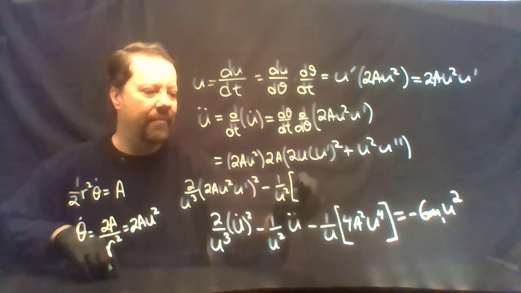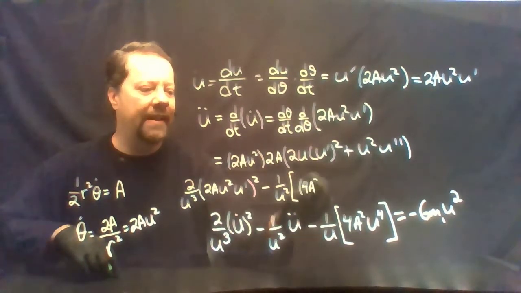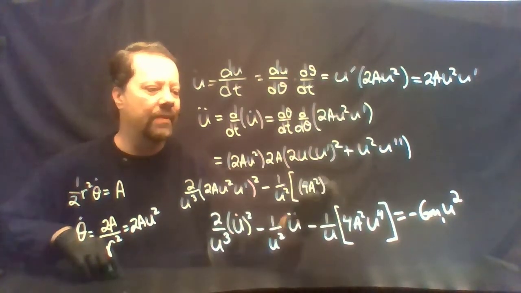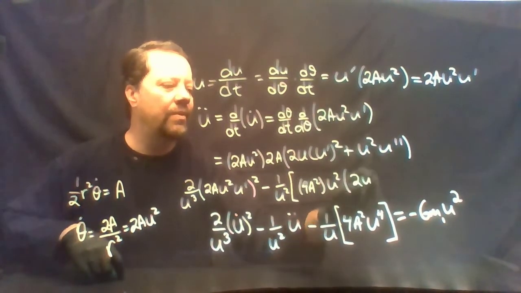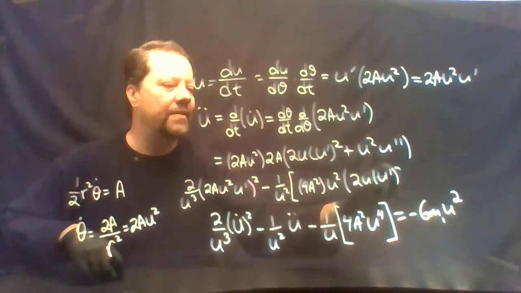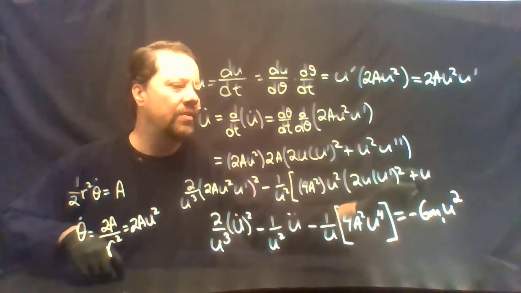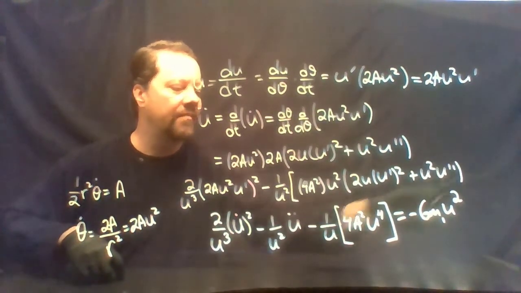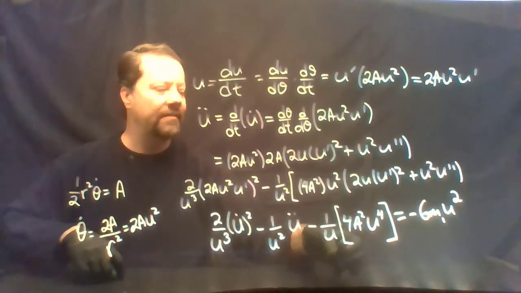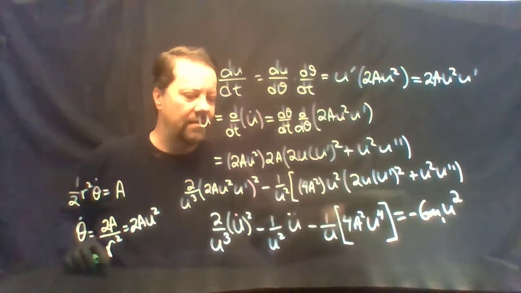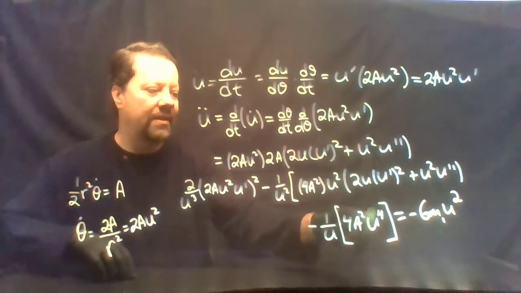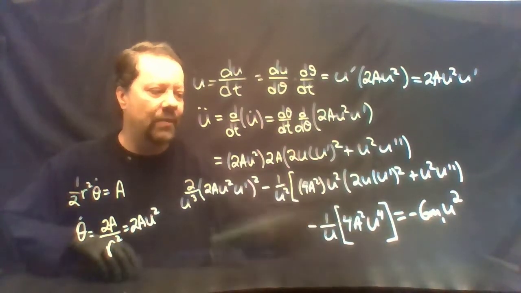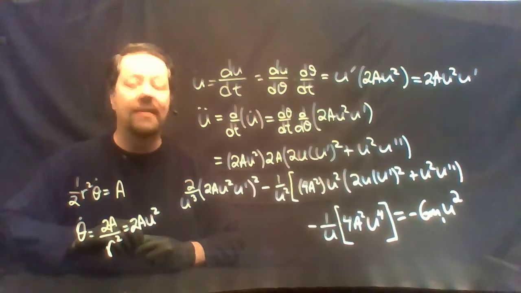That's going to be 4A squared times u squared times 2u u prime squared plus u squared u double prime. Then we have minus 1 over u times 4A squared u to the 4th, and that still equals minus G m1 u squared.